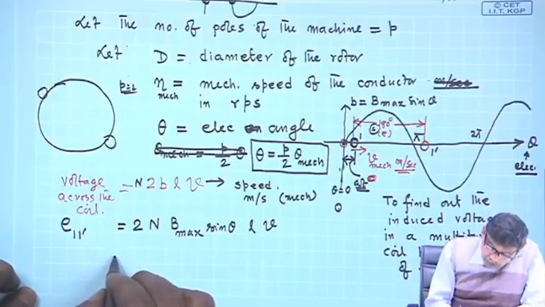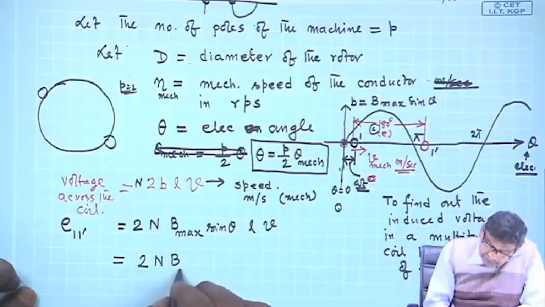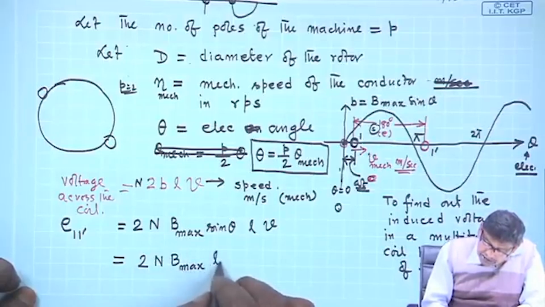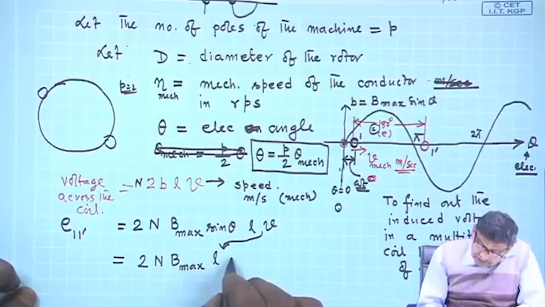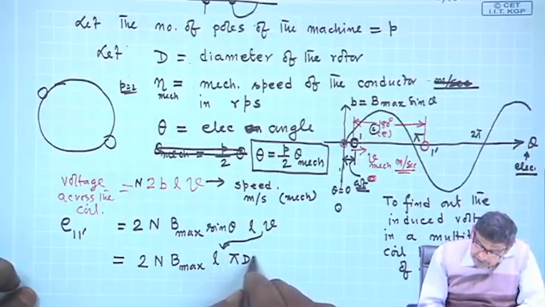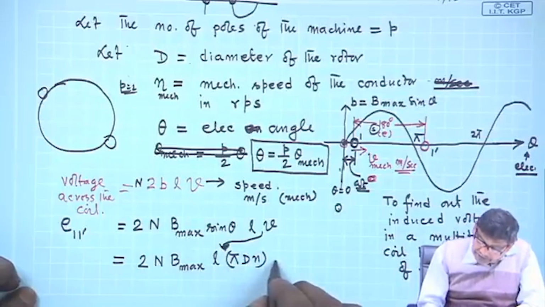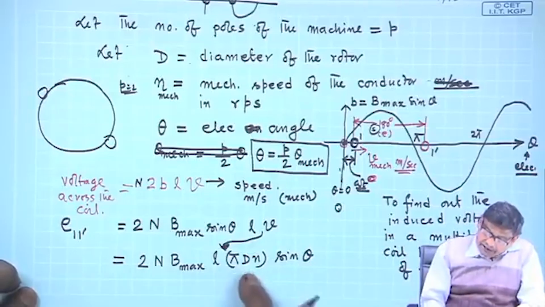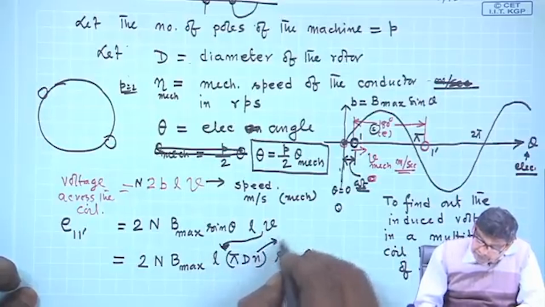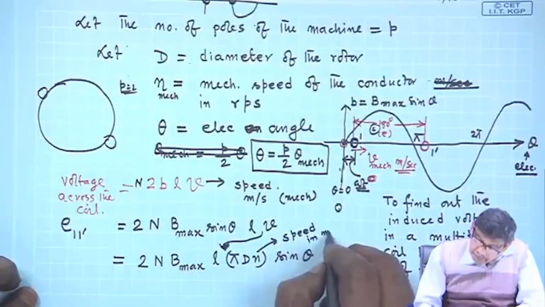Now, this is 2 n B max into L, next I will write the V meter per second, which is equal to pi D n for velocity, into sin theta. This is the thing, where n is the speed in RPS, mechanical RPS.